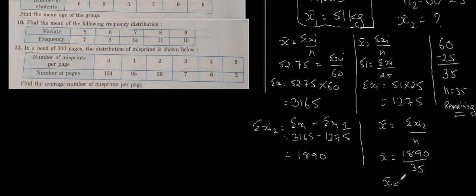If you divide 1890 by 35, you will get 54 kg. So this is our answer.